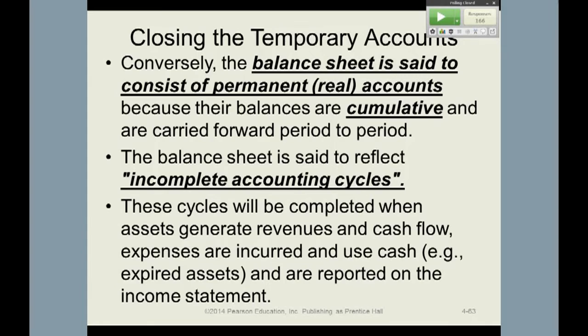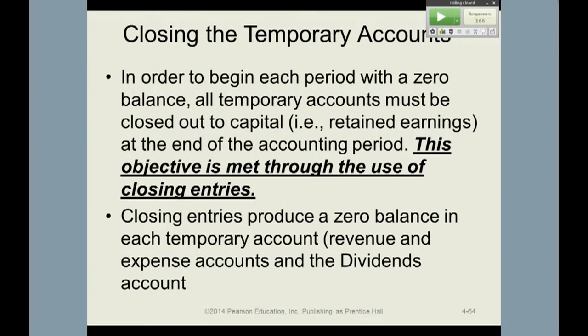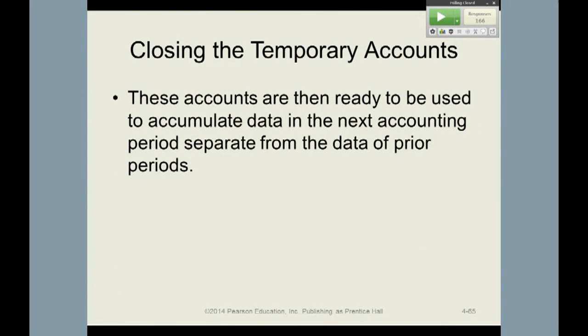We did mention that the balance sheet accounts are cumulative, they are permanent accounts, and they carry over period after period. Now, the question is, how do you get the temporary accounts to zero balances? Again, we're going to do this through closing entries.